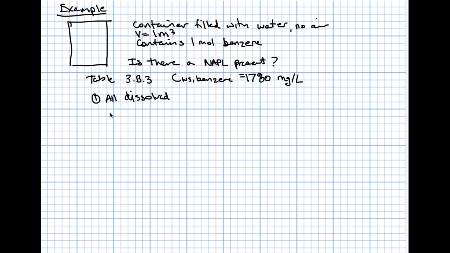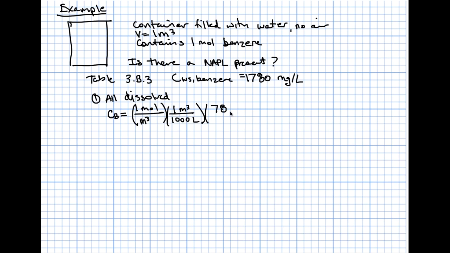So if we calculate then what the concentration would be, we have 1 mole of benzene in a cubic meter of water. So we just need to do some conversions here. So we'll convert cubic meters to liters and then multiply by the molecular weight of benzene.